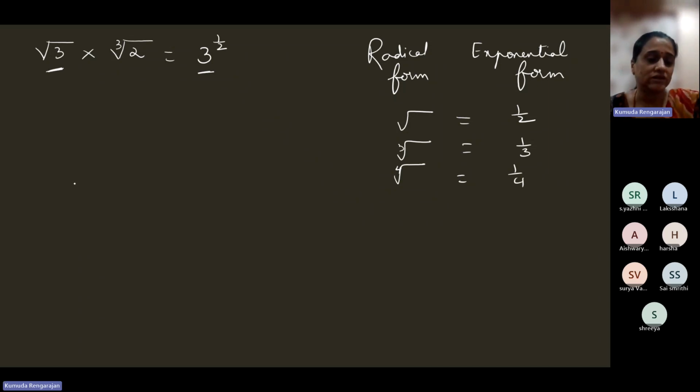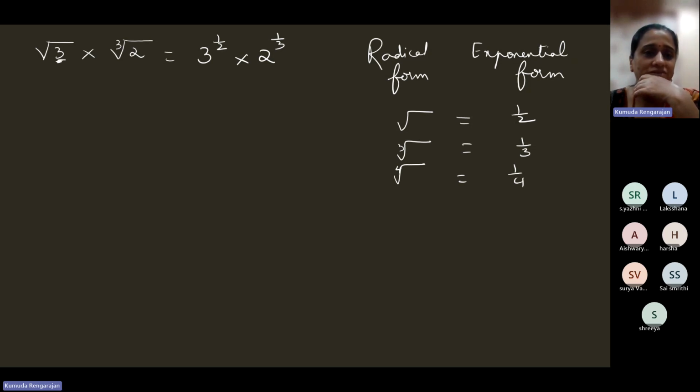So square root of 3 in the exponential form is written as 3 raised to the power 1 by 2, not 3 to the power 2. 3 to the power 1 by 2. And cube root of 2 is 2 to the power 1 by 3. That cube root symbol becomes 1 by 3. This becomes the base. So when you write in the exponential form, you need to write two things, base and power.